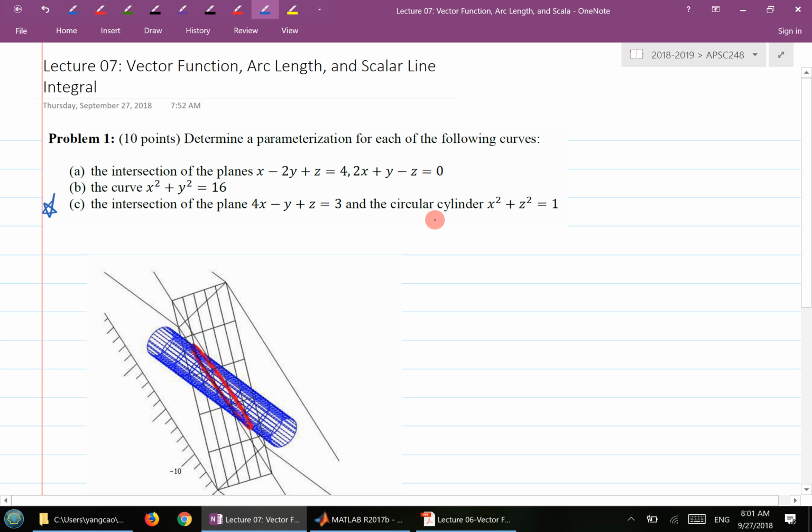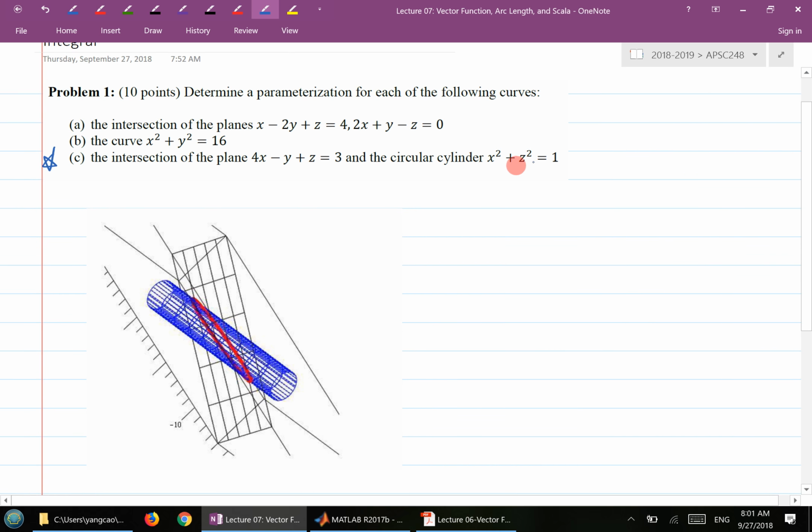Some students wonder, is this a cylinder? Looking at it, it's a circle.